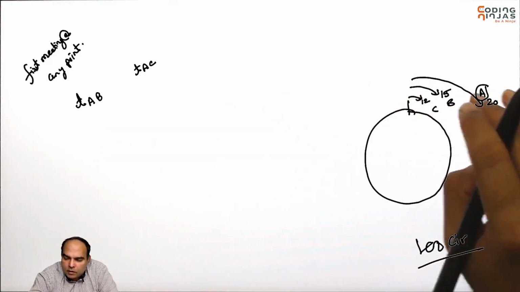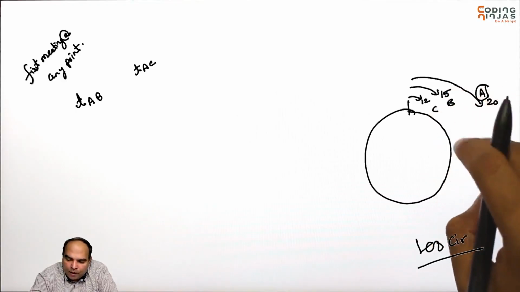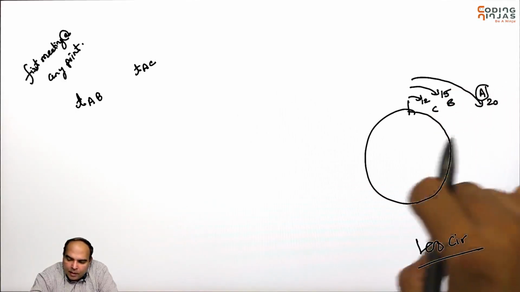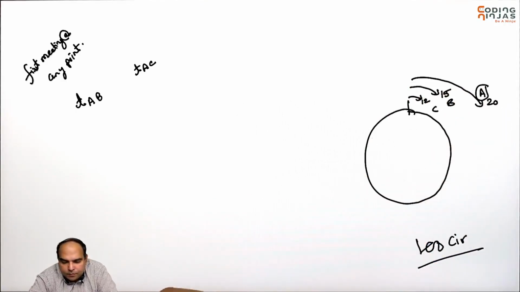What happens in a circle is A will go ahead, but after some time B would be running here and A would come from behind and catch him.